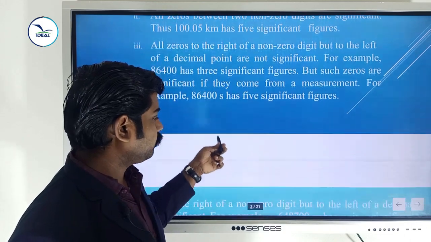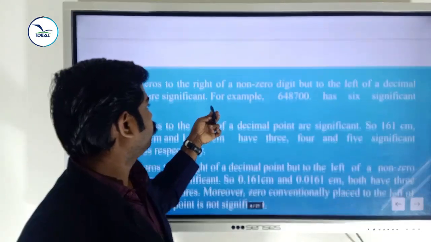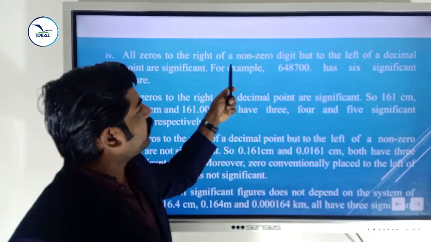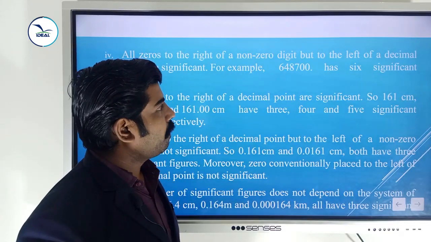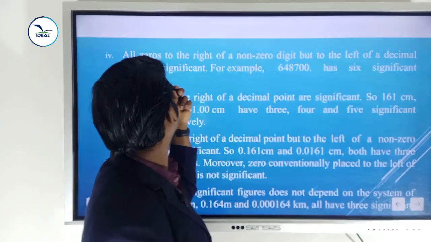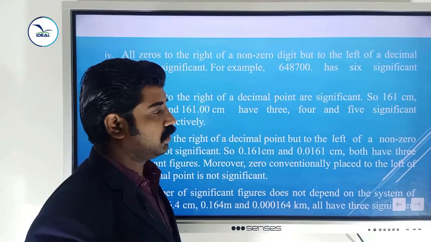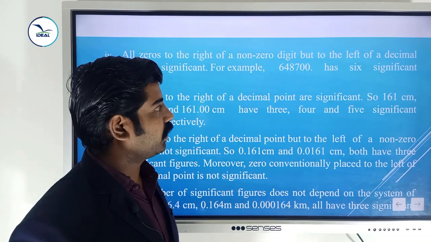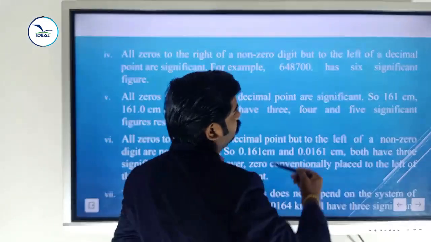Then the fourth one: all zeros to the right of a non-zero digit and to the left of a decimal point are significant if there is a decimal point.